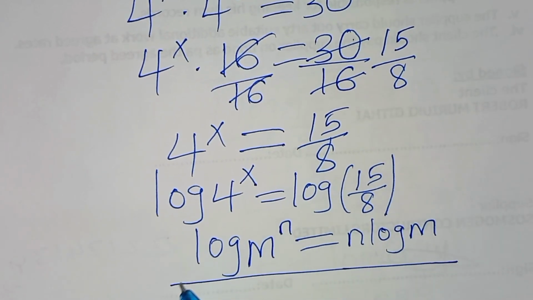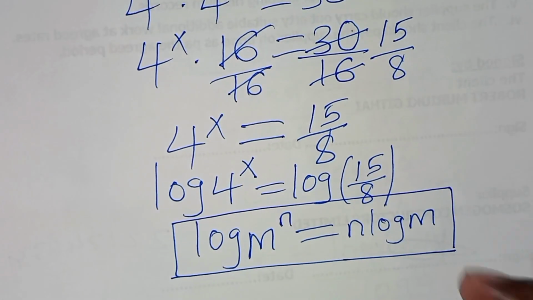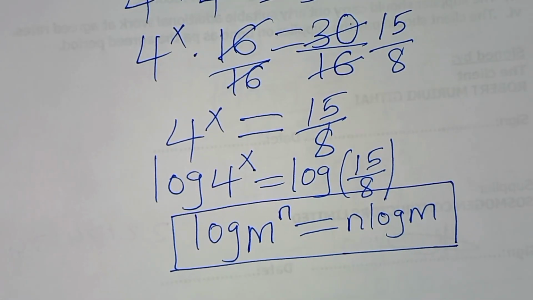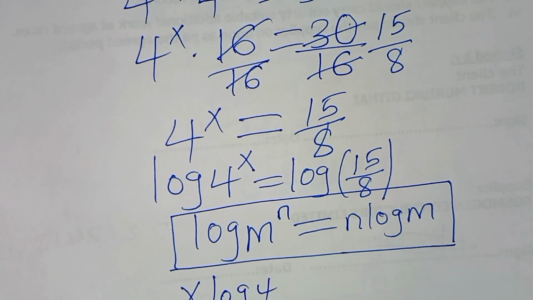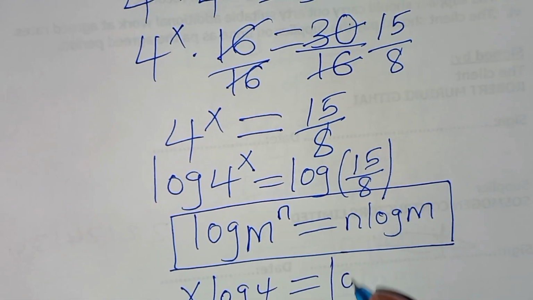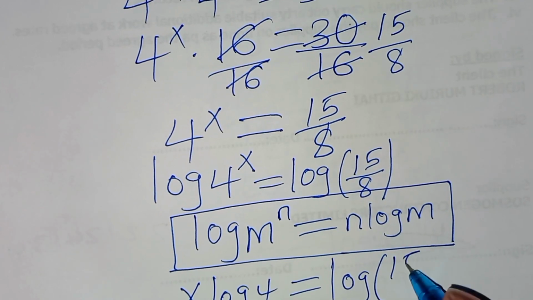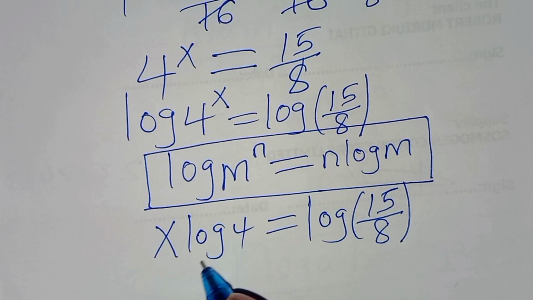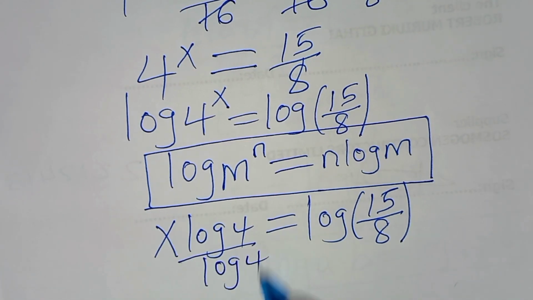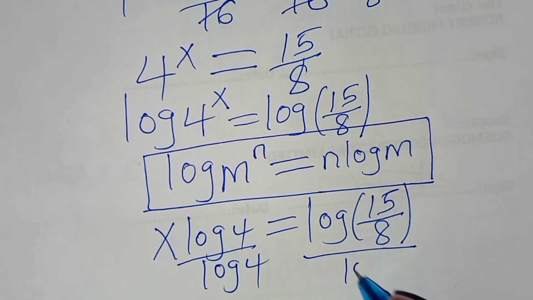So applying this power rule property of logarithm, we'll have log 4 to power x becomes x log 4. This is equal to log 15 divided by 8. The next step here, let's divide both sides by log 4.